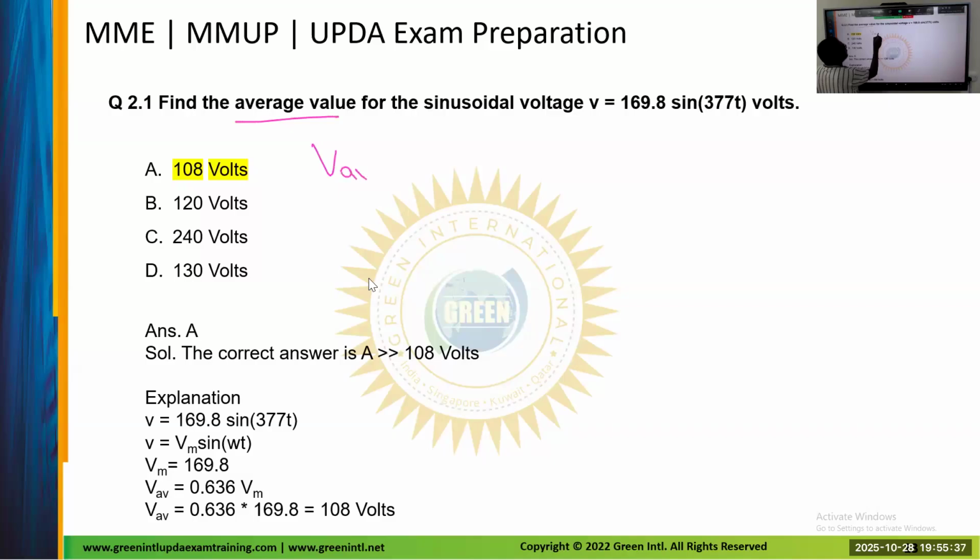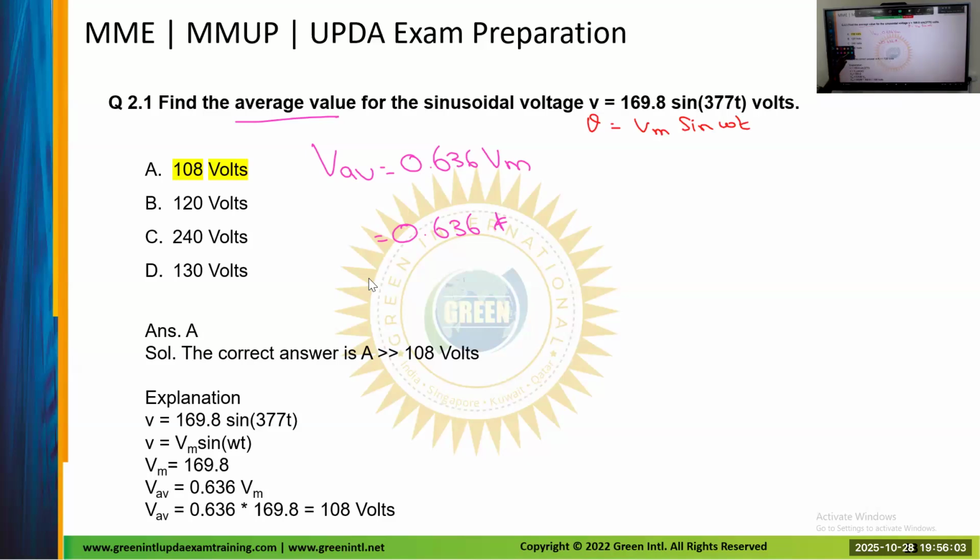What is the formula? V average is equal to 0.636 Vm. So this is the general formula: v is equal to Vm sin omega t.